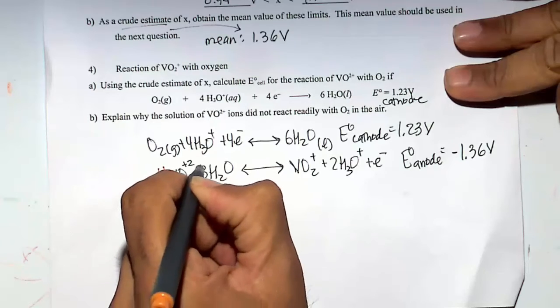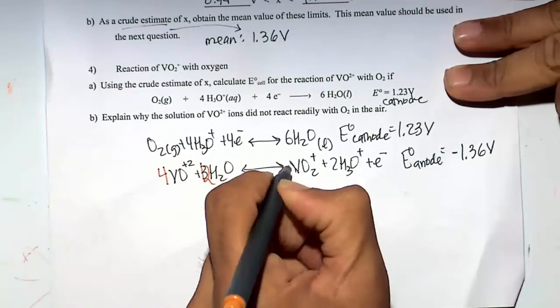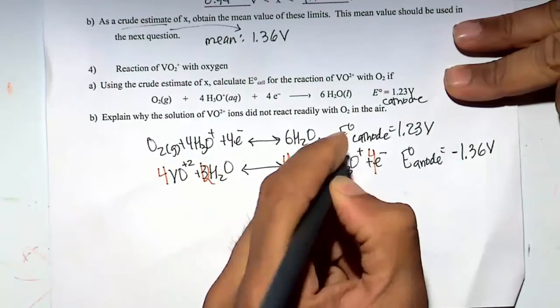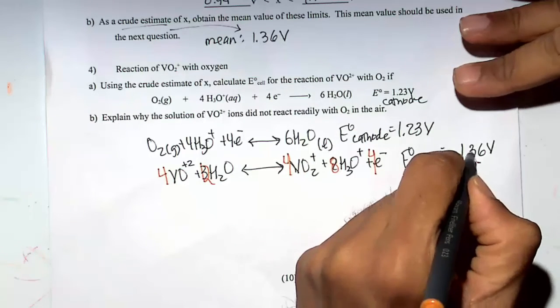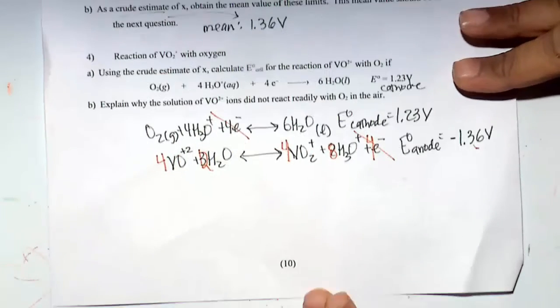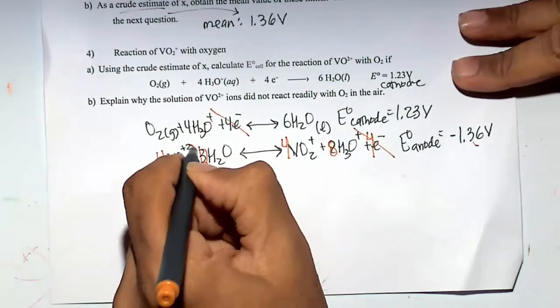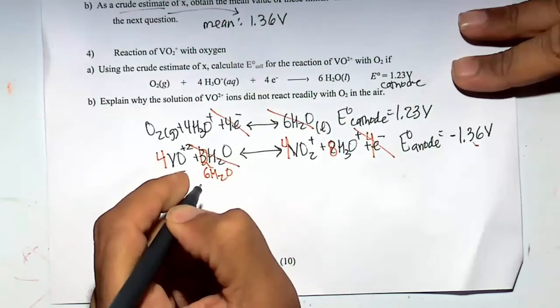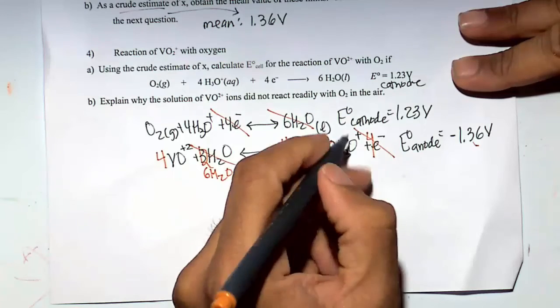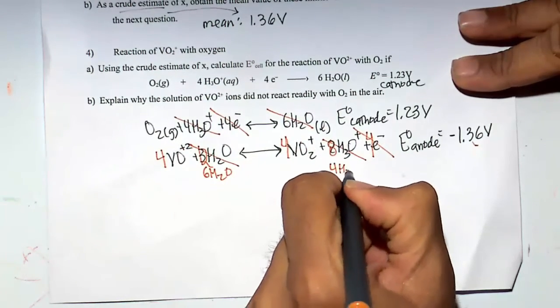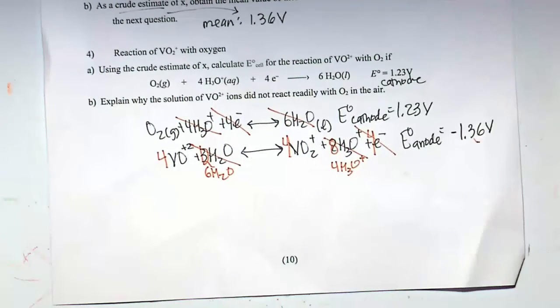So that makes this 4. This makes it 12. This makes it 4. This makes this 8. And this makes that 4. This stays at minus 1.36 volts. And the 4 and the 4 cancel. This is 12 waters, and that's going to cancel, leaving me with 6 waters, and I have 8 protons here. That will cancel with some of those, leaving me with 4 protons over there.